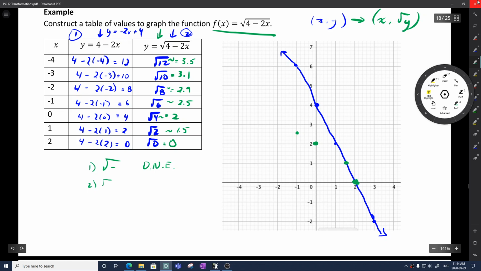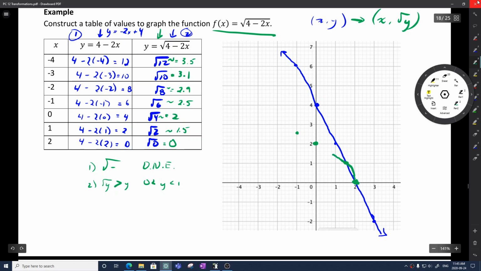The square root of y is going to be greater than y itself whenever my y is between 0 and 1. So in this interval, which is a very short interval, I have to make sure that my square root function is actually higher than this regular function.